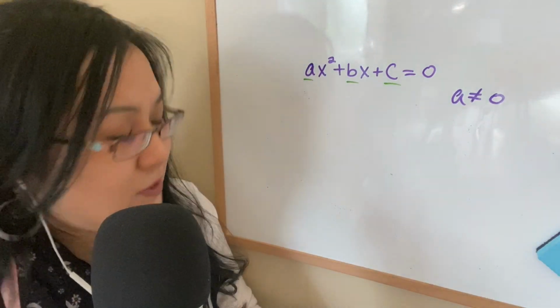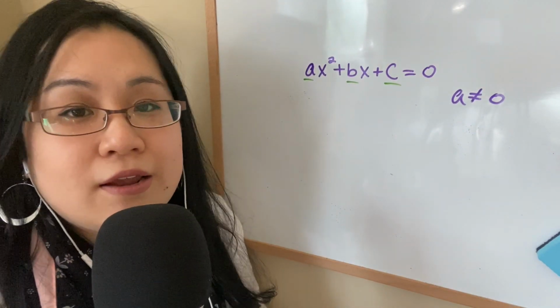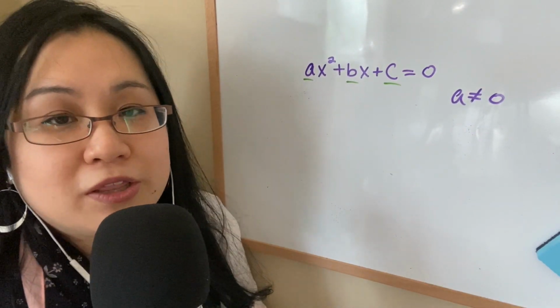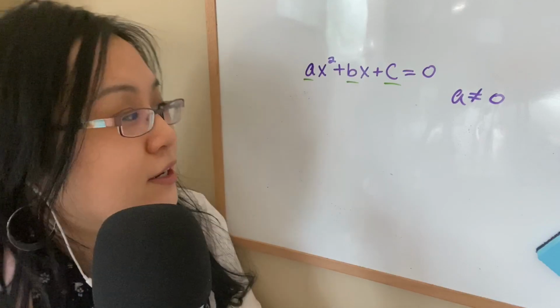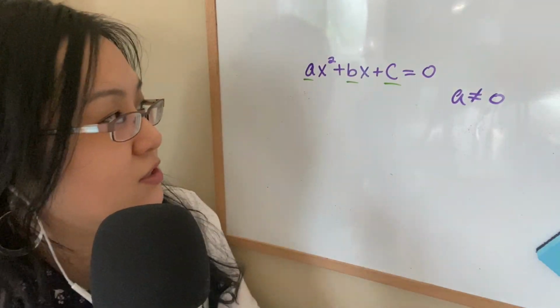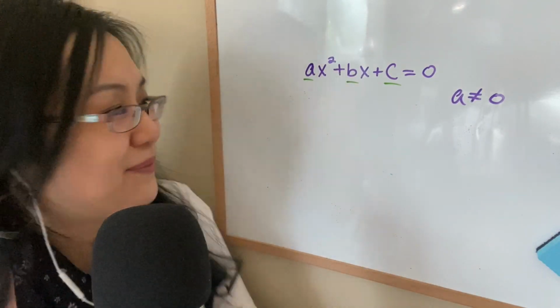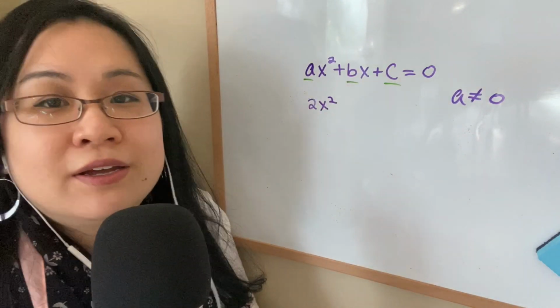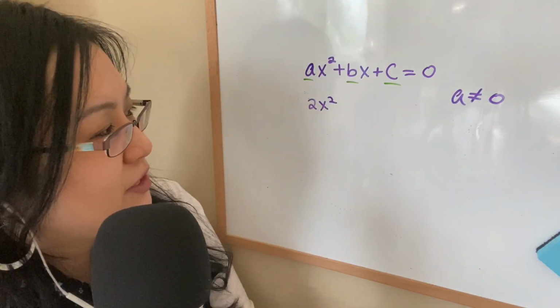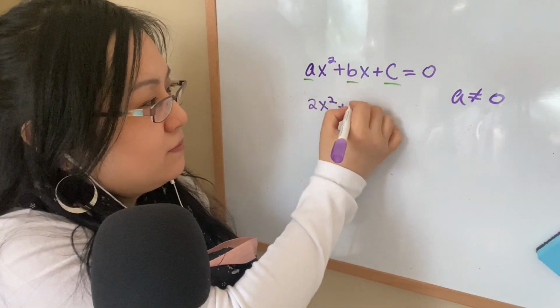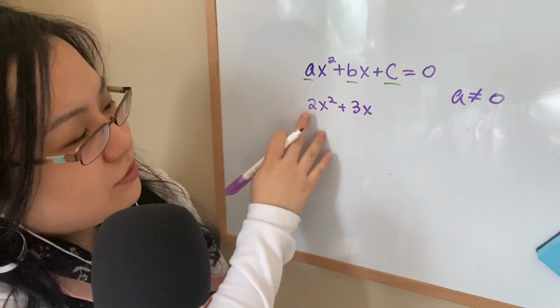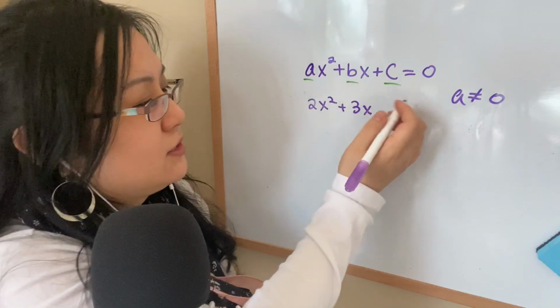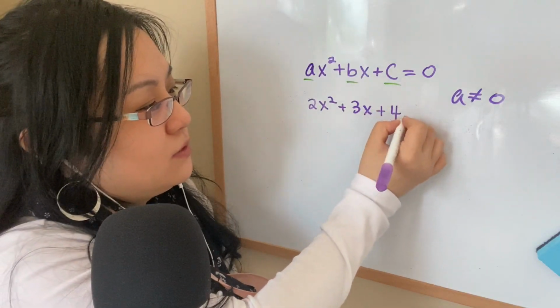So why don't we just end on a random situation with the quadratic, where this is not 0, and we'll just sum it up there. I have no idea if this is gonna work or not, but I'll just make up numbers. How about 2x squared plus 3x plus 4 equals 5?